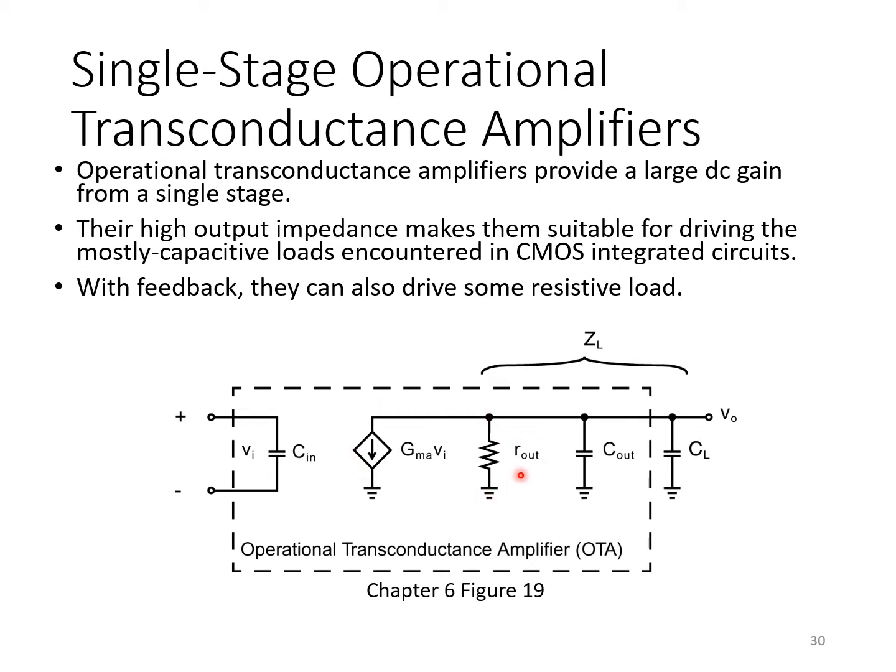However, they don't provide the other aspect that we expect from op-amps, which is a low output resistance. Fortunately, we've already seen how feedback can help to reduce the output resistance of op-amp circuits. So with feedback, single-stage operational transconductance amplifiers, also called OTAs, can also be used to drive some resistive load.